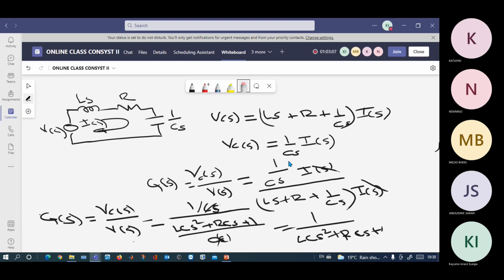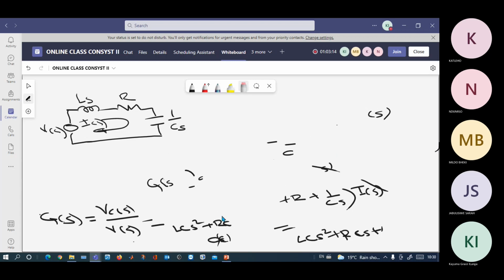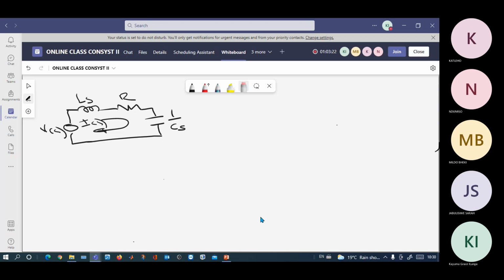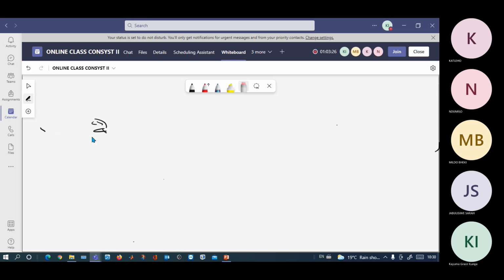Then you can find it in the time domain, apply Laplace, and also solve it in the frequency domain. So this is basically what we are going to do with electrical circuits. This was a one loop problem. So we're going to see now a two loops problem. This is also going to be useful for us.